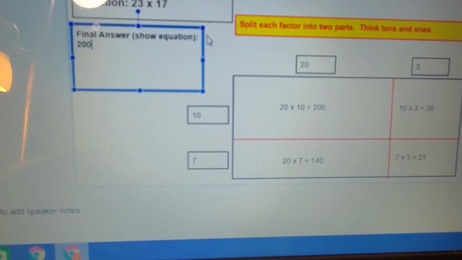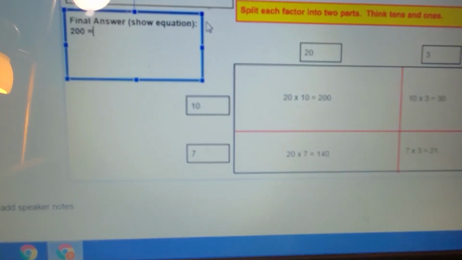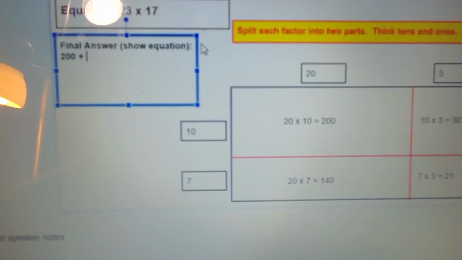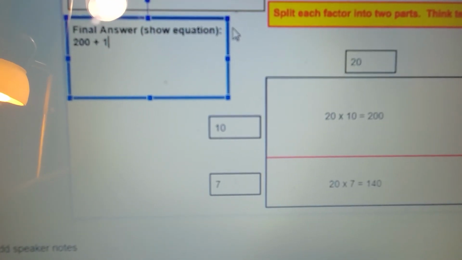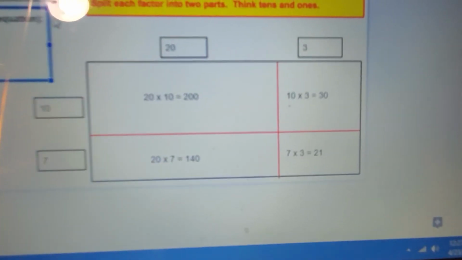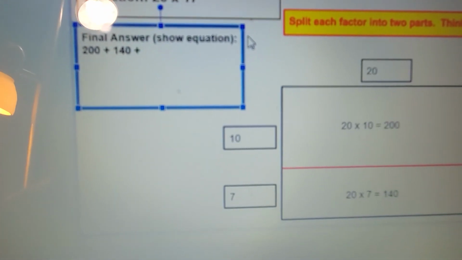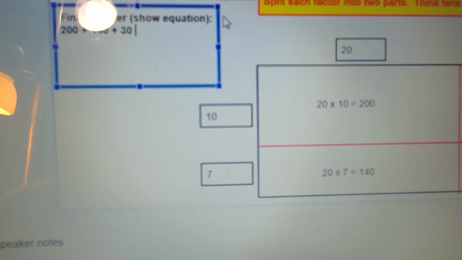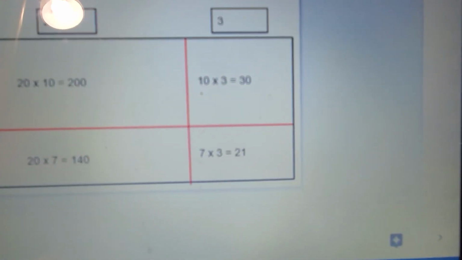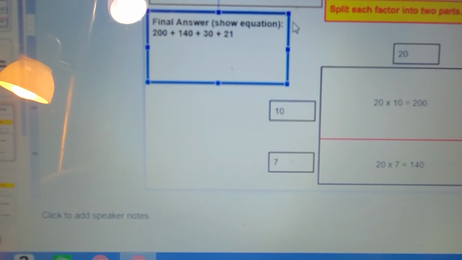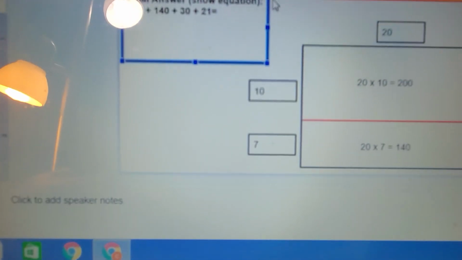So I write 200 plus 140 plus 30 plus 21. And that equals, and I add it up.